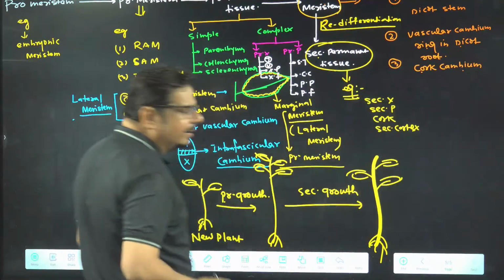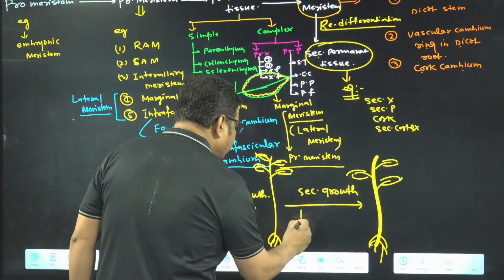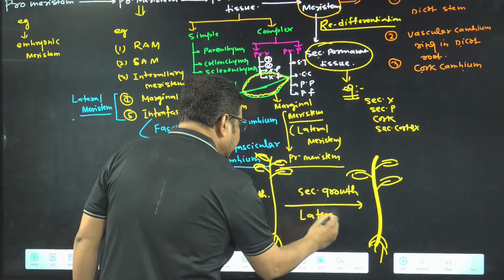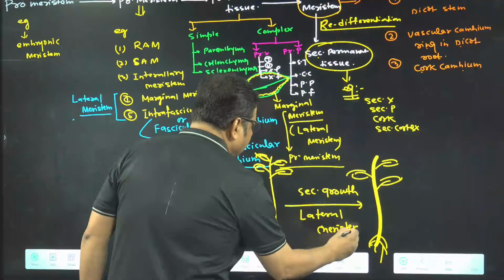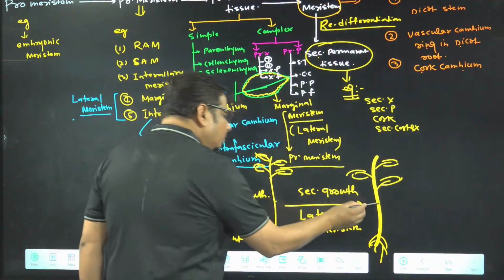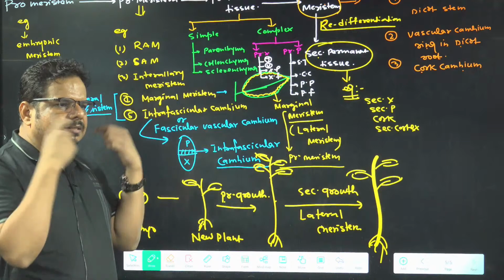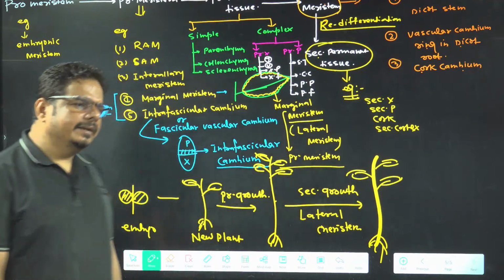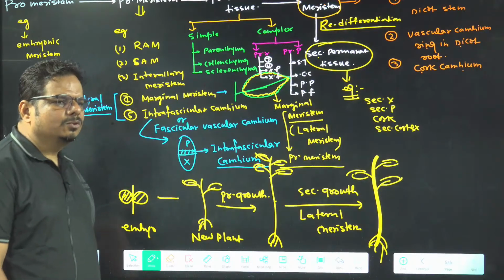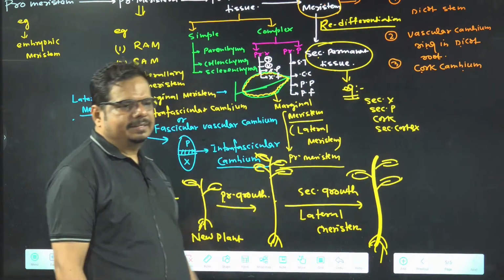And this secondary growth occurs due to the activity of lateral meristem. So you got the picture? This is converting into this. The diameter and circumference of a plant is increasing. That is called secondary growth, and secondary growth is caused by the activity of lateral meristem.